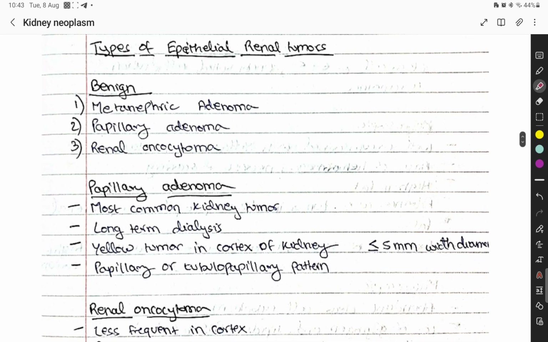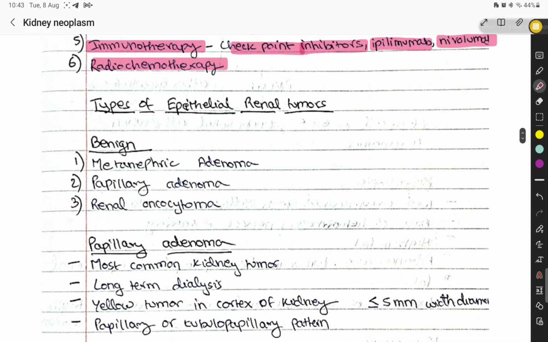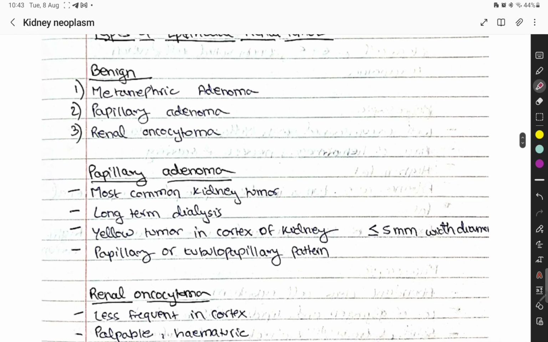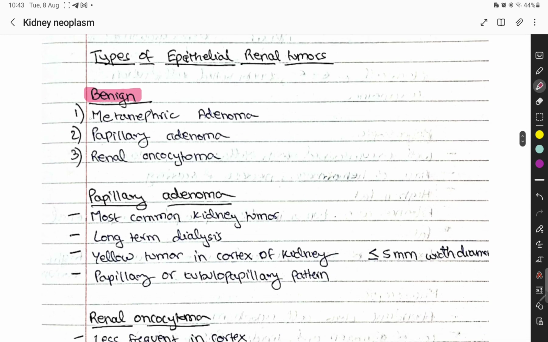Now, types of epithelial renal tumors. The benign types are metanephric adenoma, papillary adenoma, and renal oncocytoma.